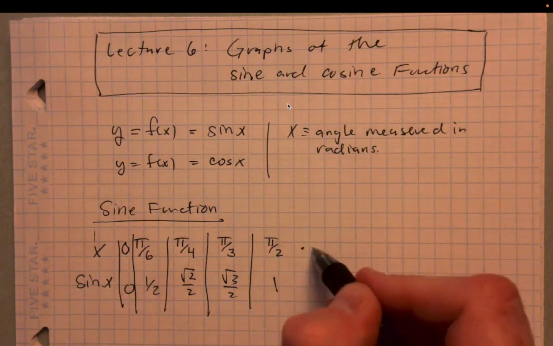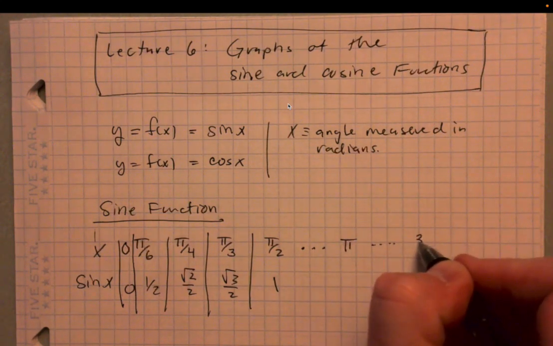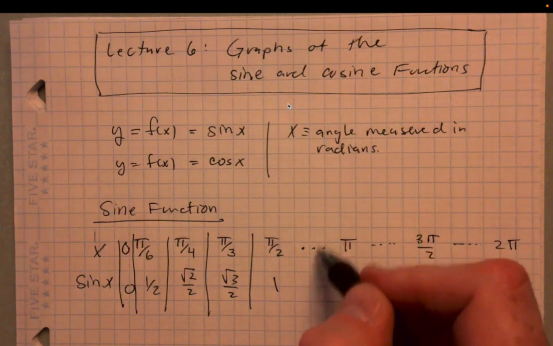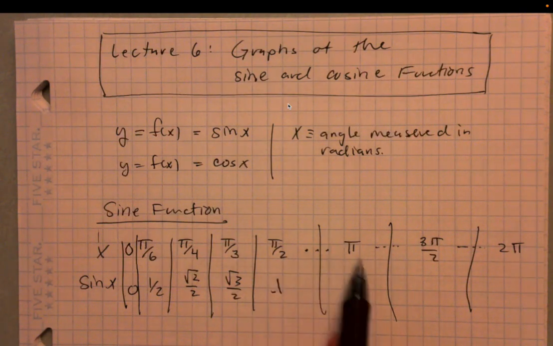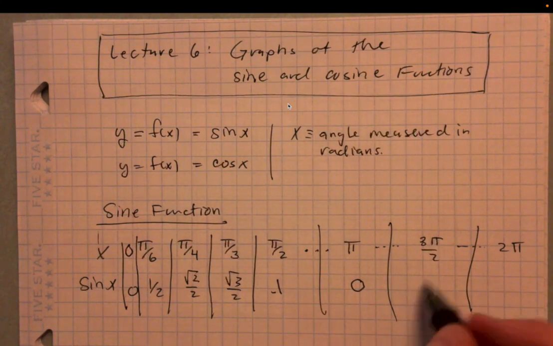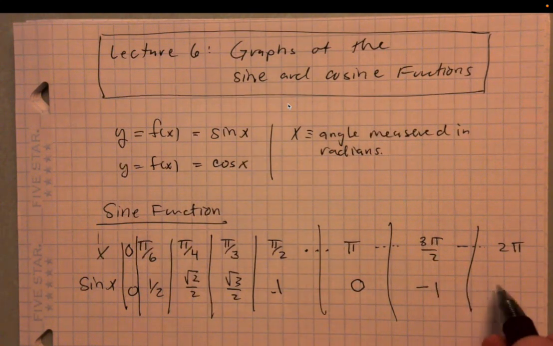And now we'll increase the resolution here, and we'll jump up to pi, and then to 3 pi over 2, and then up to 2 pi. Now what does it do here? Well, it goes from 1, and then it drops back down to 0 when it gets around the circle, and then it drops all the way down to -1 at the bottom of the circle, and then it comes back to 0, right?